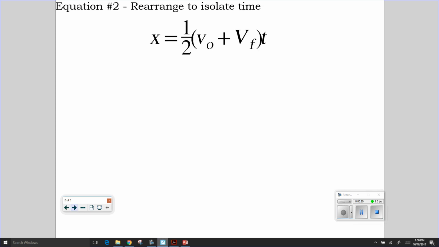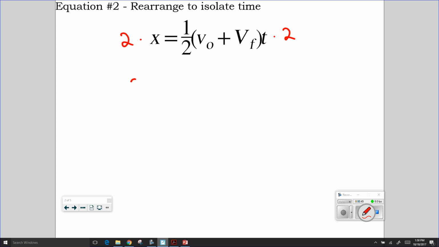Here's equation number 2. Equation number 2 is displacement equals 1/2 times the initial velocity plus the final velocity, all times quantity time. I'm going to rearrange this equation to isolate t. Let's start by multiplying both sides by 2.